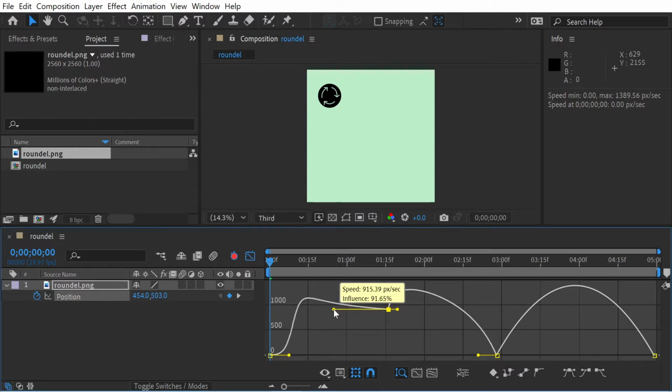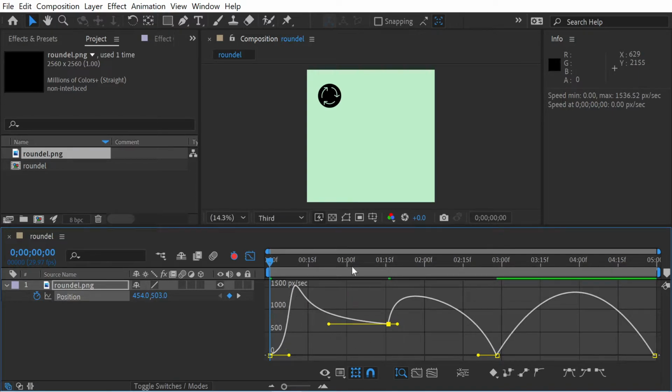You know what I'm going to do? I'm going to say we want it to really accelerate right at the beginning. That's going to really bump up the acceleration right at the beginning here. Maybe that's not even enough. Let's try even more than that.